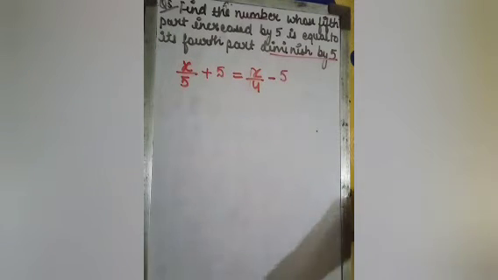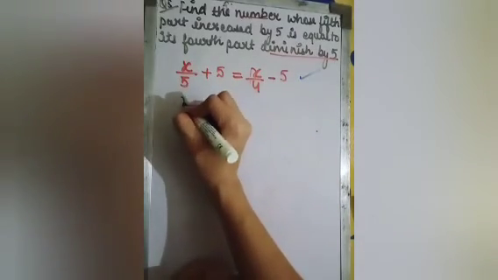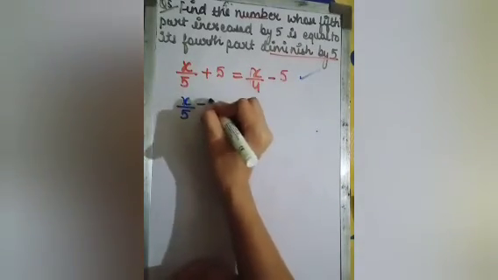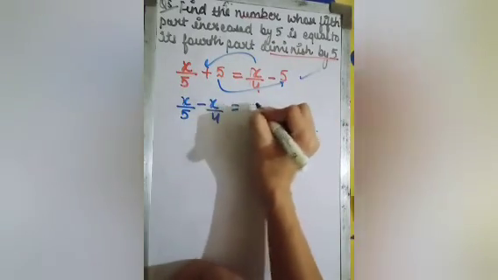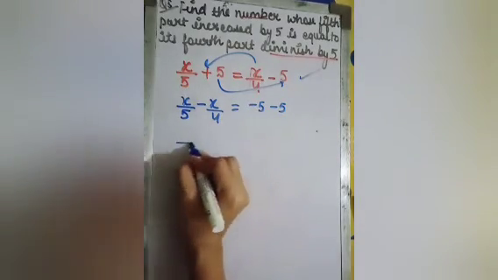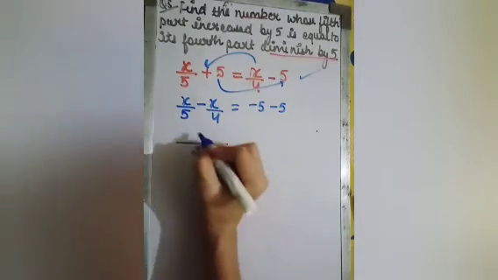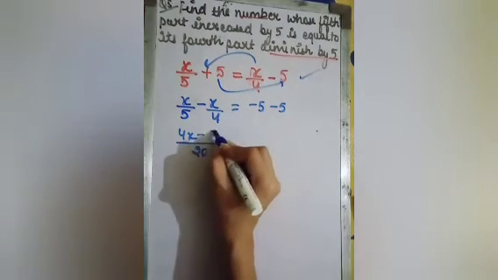What you have to do, this is the equation here. Write the numbers with x together. सीधा सेंड करें, x को भेजेंगे इधर इसको भेजेंगे. It will be 4 and minus 5 minus 5. Now take the LCM here. It will be 20. 5 4s are 20, 4x. 4 5s are 20, 5x.